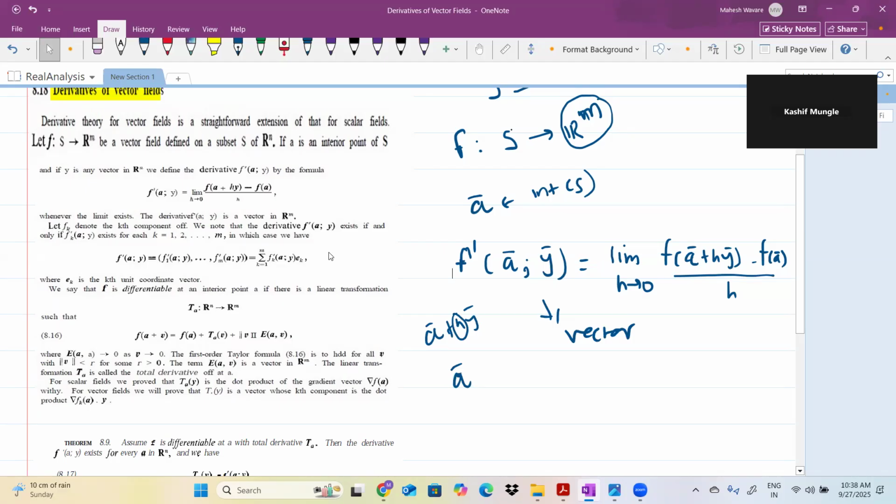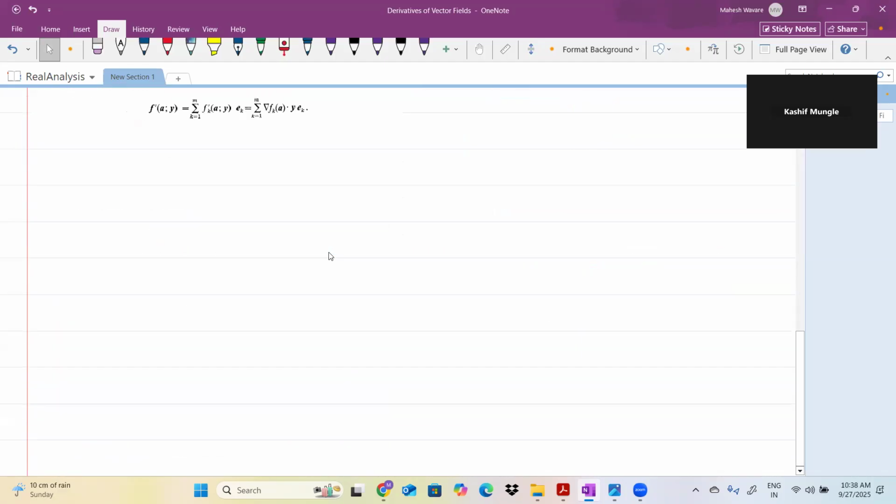Now see what happened. For example, suppose f is a function from S to Rm, and S is a part of Rn.